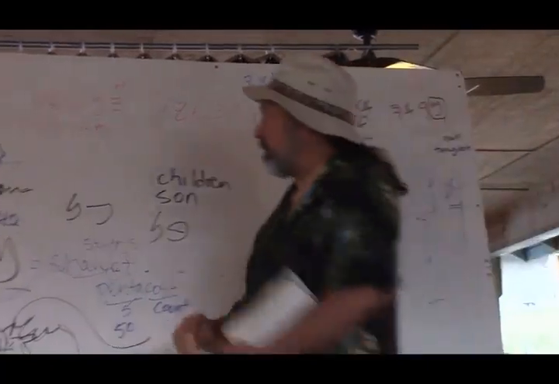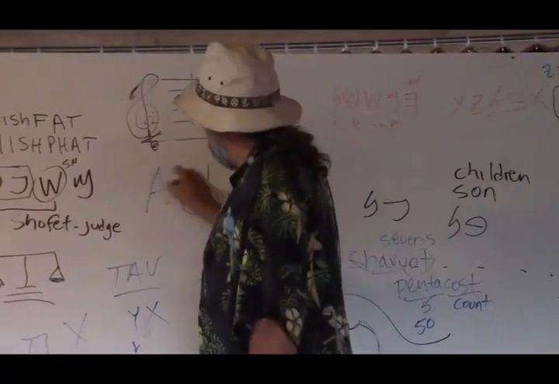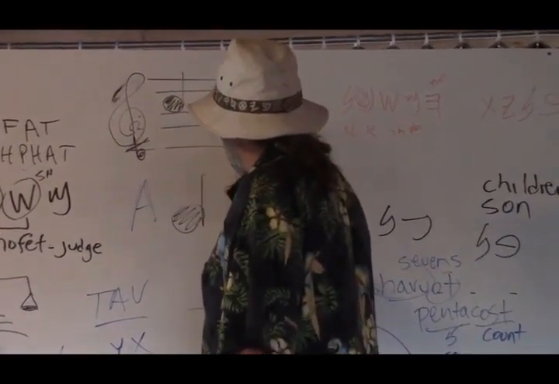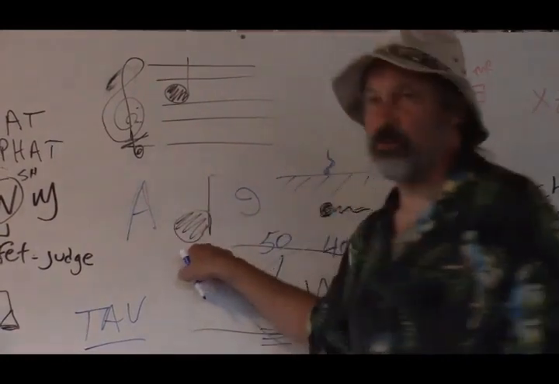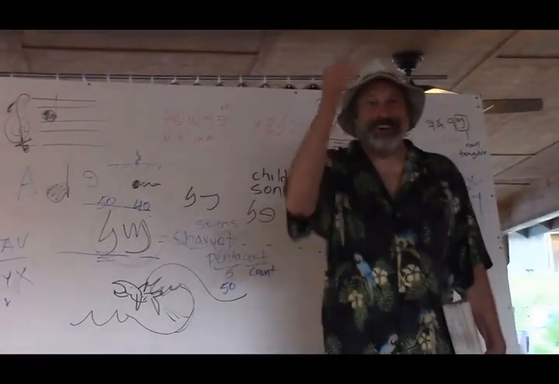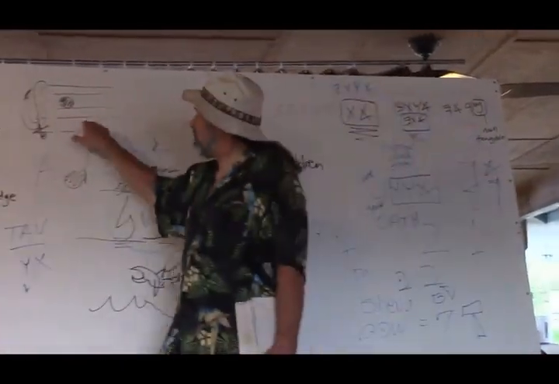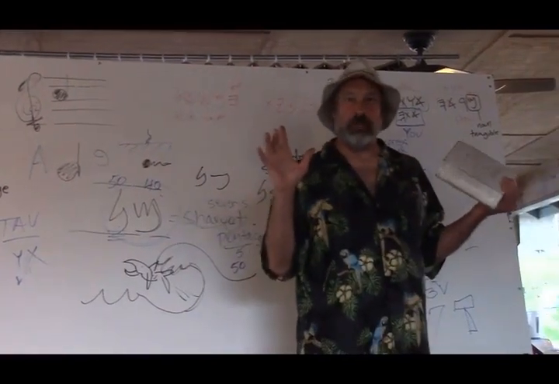Why? Because a letter of the alphabet, if I wrote the letter A in modern English, or if I wrote the letter Bet in Hebrew, it's just a symbol, like a note. What does it mean? In English, it doesn't mean anything. You put it in the context, like the lines, and suddenly you know what it is.